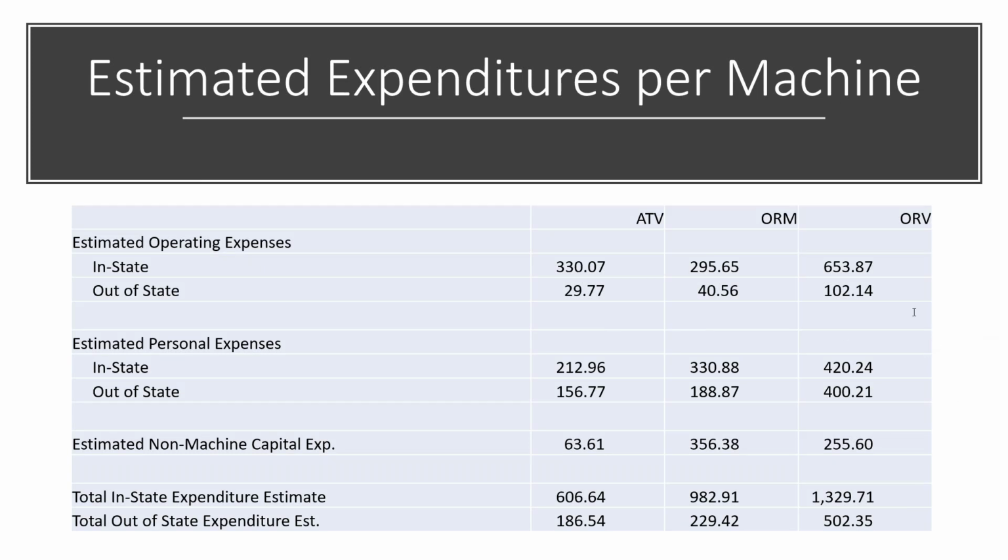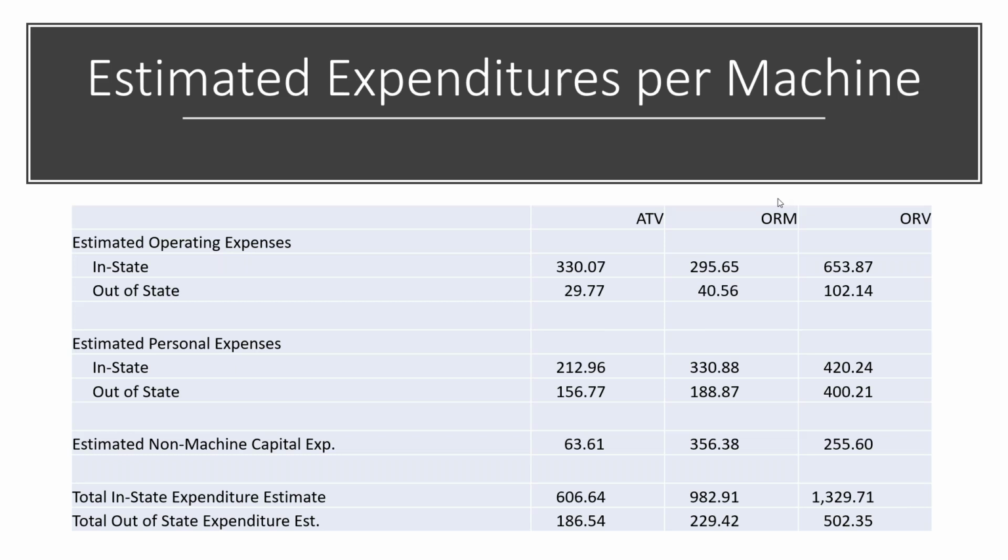In addition to new vehicles purchased, we took all our survey information and we figured out how much every rider was spending per machine on their operating expenditures, on their personal expenses, their helmets, their gloves, their lodging and travel, and their estimated expenses on buildings and trailers and basically capital expenses. And we found that per machine for all-terrain vehicles, they were spending about $607 in-state and about $187 out-of-state.